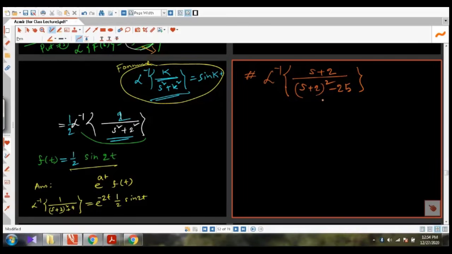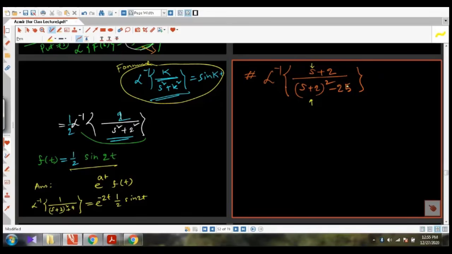I hope we can see whatever I have written. So from here, we can see that in the upper part we have s plus 2. In the denominator, we have (s plus 2) whole squared, minus 25.